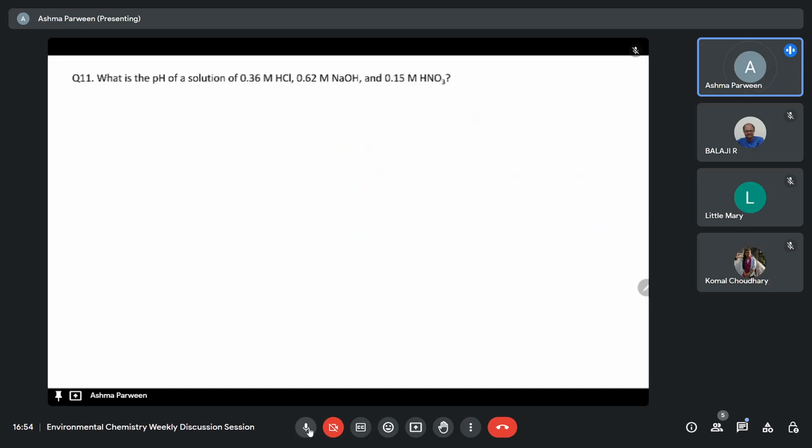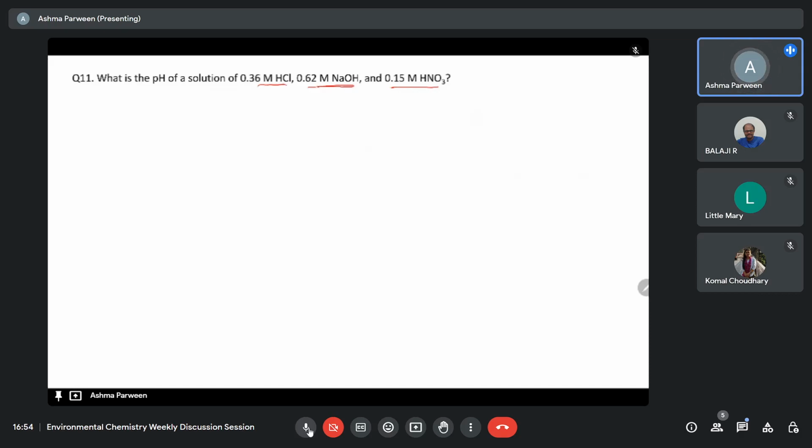We have to find the pH of a solution which has 0.36 molar HCl, 0.62 molar NaOH, and 0.15 molar HNO3. Since these are strong acids and strong bases, they will dissociate completely.